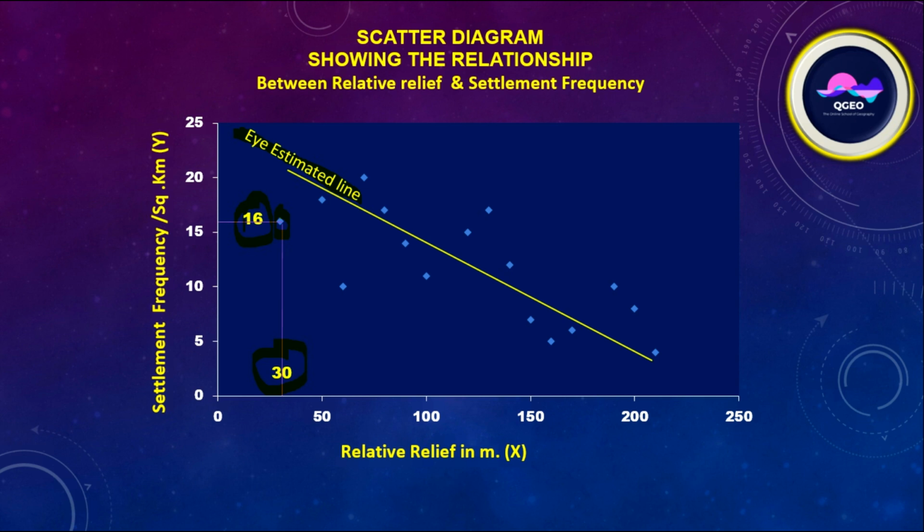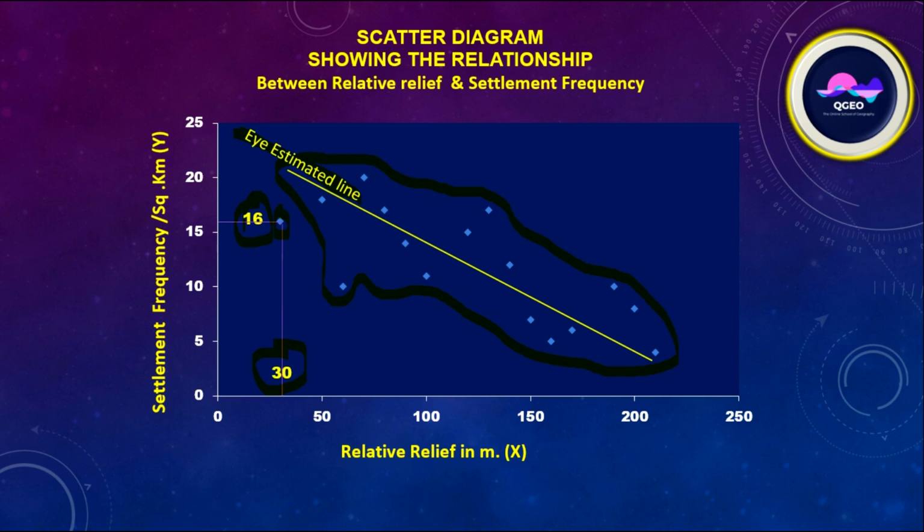Here 1, 2, 3, 4, 5, 6, 7, 8 on the upper side, and on the lower side 1, 2, 3, 4, 5, 6, 7. Before drawing this line we have to draw an outer line of these points, and this will be just like this.